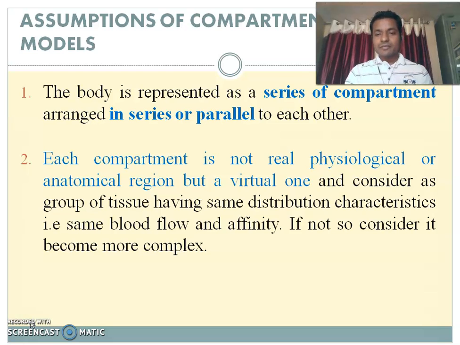We would get a large number of equations, which makes the process more complicated. That's why we put tissues in groups. As we group the tissues, the number of equations decreases, which simplifies the task and makes it easier to understand.